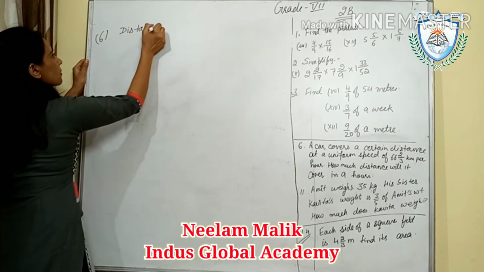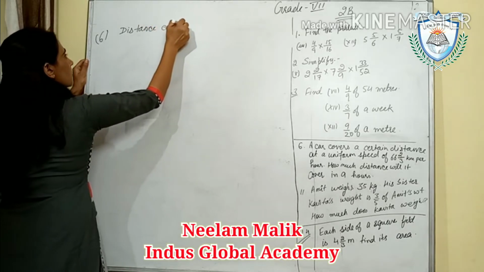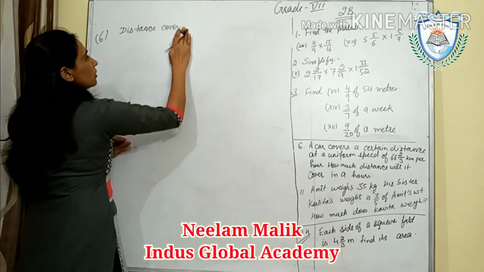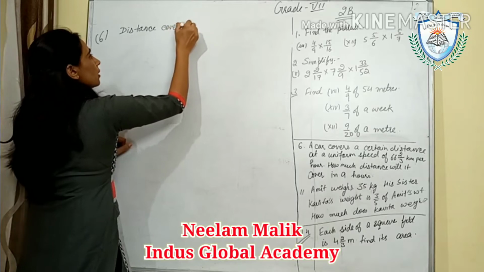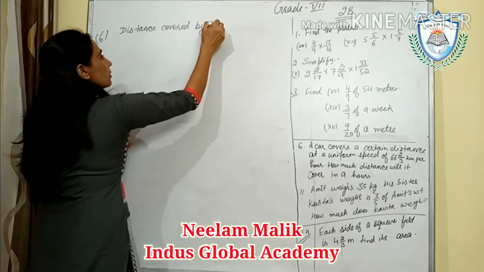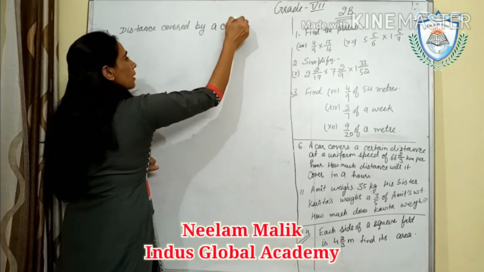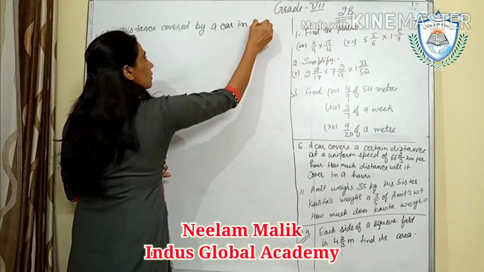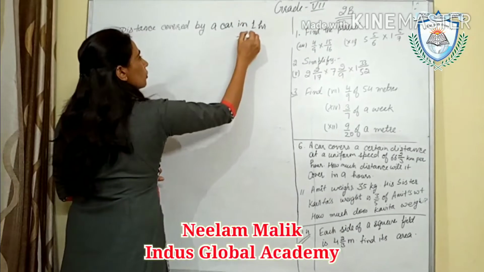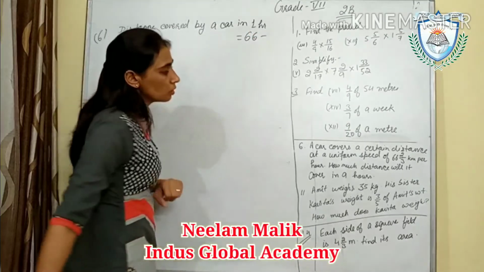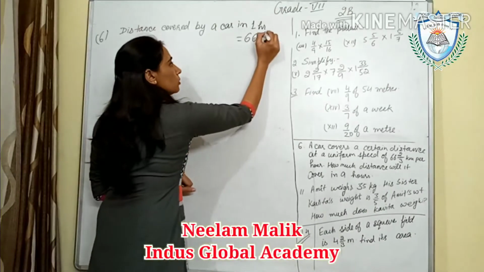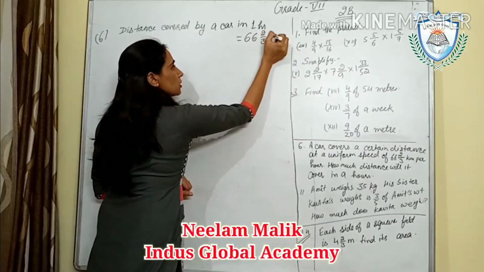Distance covered by a car in 1 hour is equal to 66 whole 2 upon 3 kilometer.